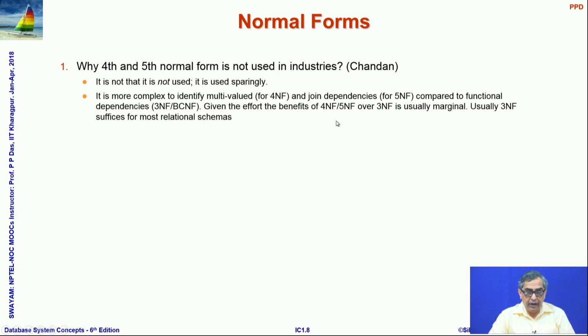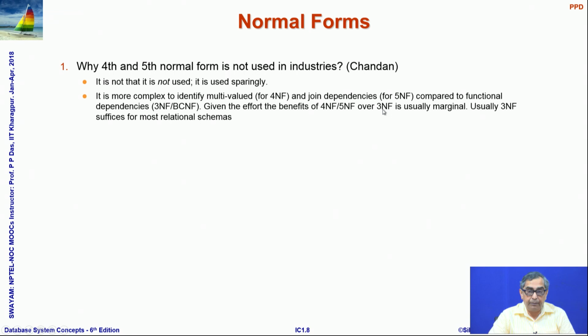But if you look into a large number of actual designs, that is what people have done over time. It has been found that for most databases, normalizing in third normal form itself removes most of the redundancies, and it is quite okay to work with the third normal form itself.